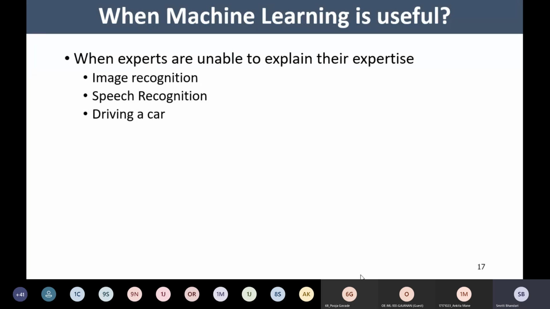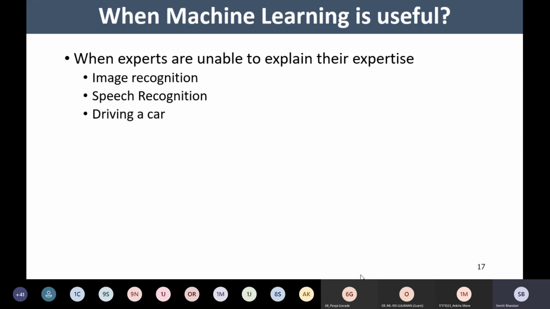Our brain is so intelligent that even though there are significant changes in the appearance, our brain identifies that this person is the same. It is also possible for us to understand what I am speaking.